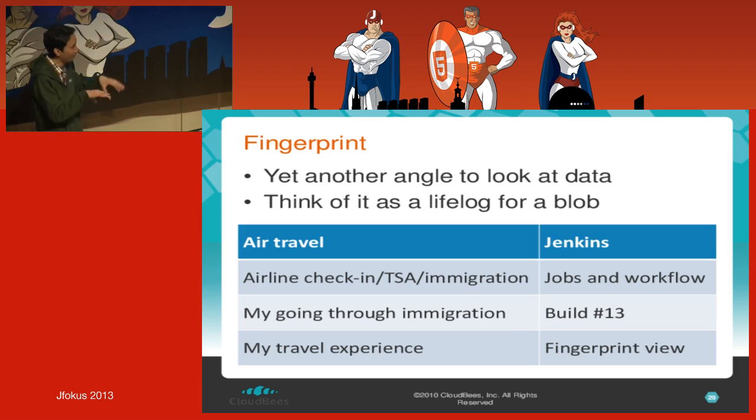As a designer of the airport, they get to decide how these individual checkpoints are put together. Normally the check-in counter comes first, followed by the security check, and then maybe the immigration. So these are chained in a certain order, which is not all that different from people defining jobs and workflow in Jenkins. You're designing how these processes take place in what order.